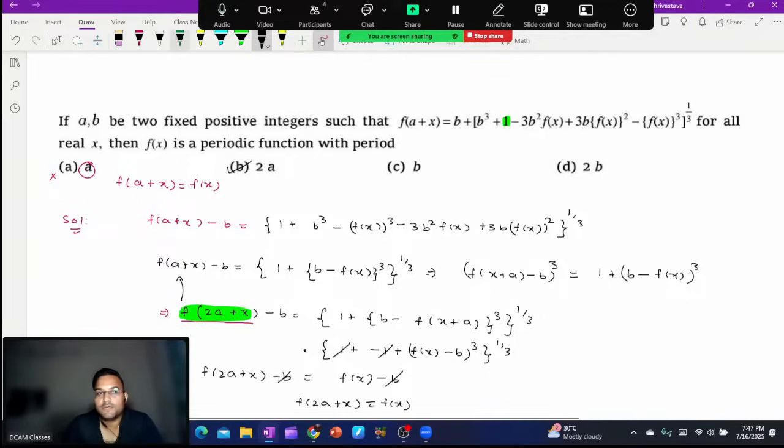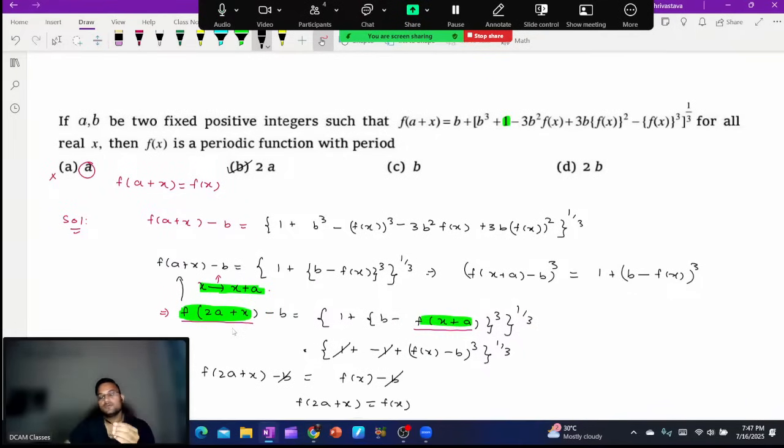So in this equation, I replaced x with x plus a, so it will become f of 2a plus x. Here also f of x plus a. I have replaced x with x plus a, that's all. Why? Because I will get f of 2a plus x.